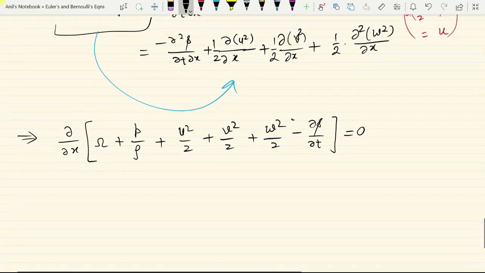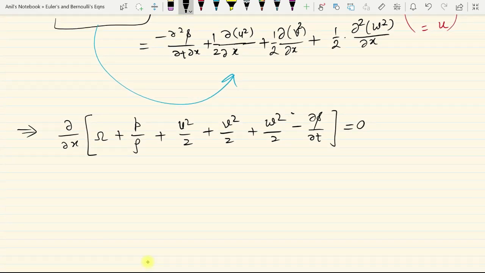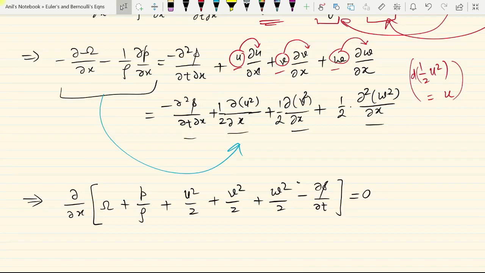So we have easily taken the common del by del x from all the terms. Well, this will be only single differentiation.